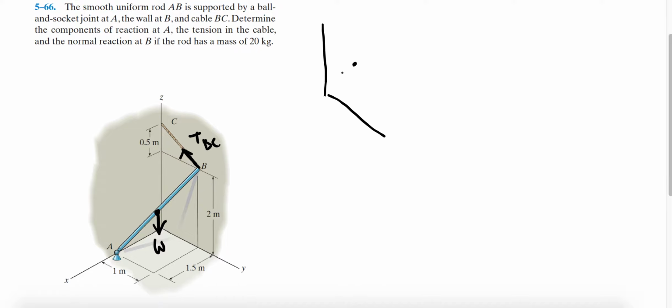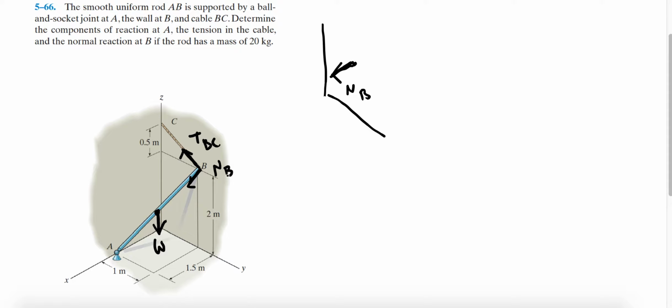So in that case, perpendicular to the YZ plane, which they call NB, I think, normal B is going to be normal to the YZ plane. In other words, in the X direction. So NB is going to be going that way. So if I could try to put it into perspective, it would somewhat go in that direction.